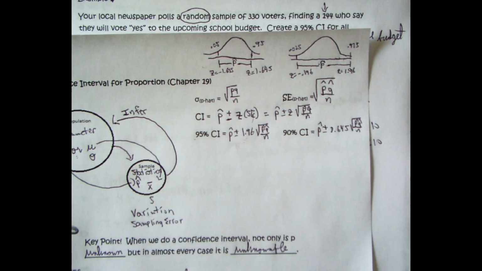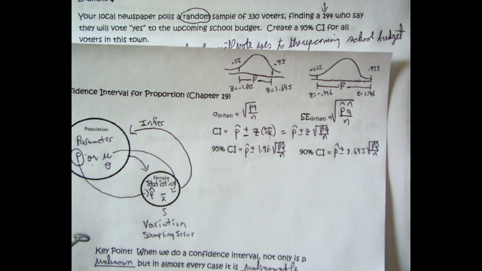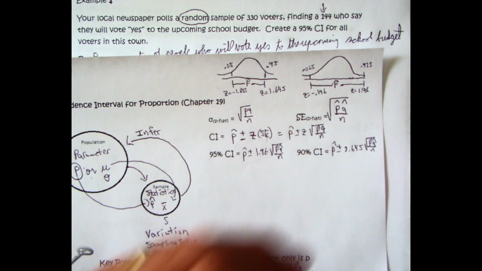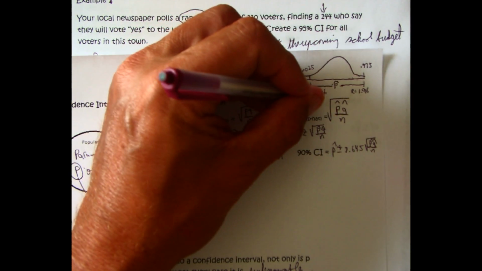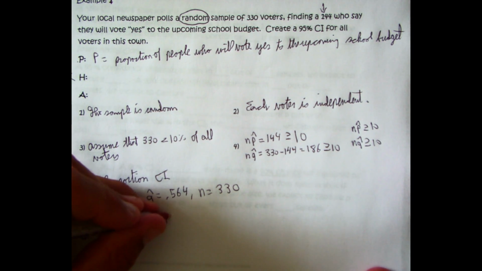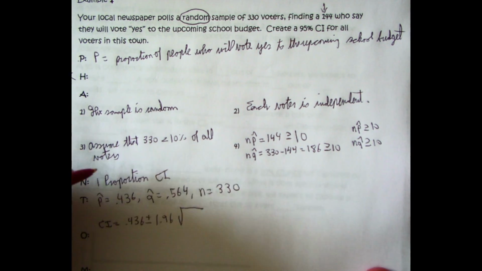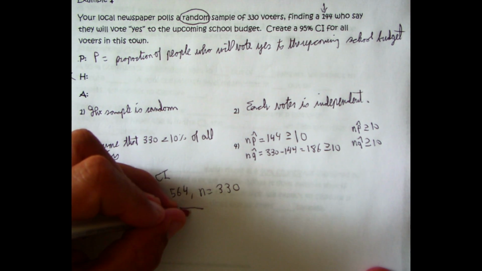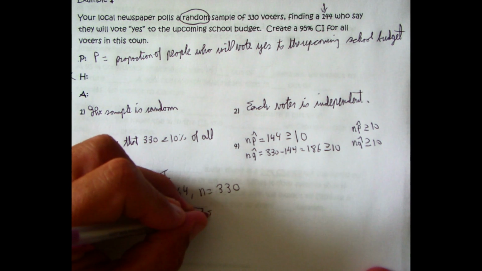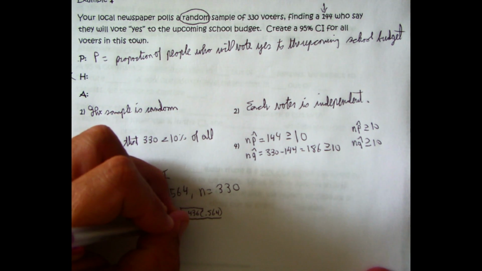That's this guy right here, right? I see I made a mistake there. That should not be negative 0.196. That should be 1.96. So 1.96 times our standard error, which is 0.436 times 0.564, q hat over n.